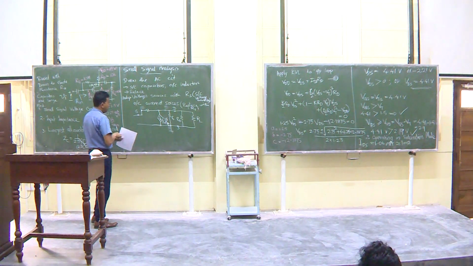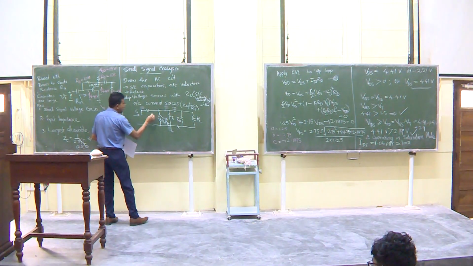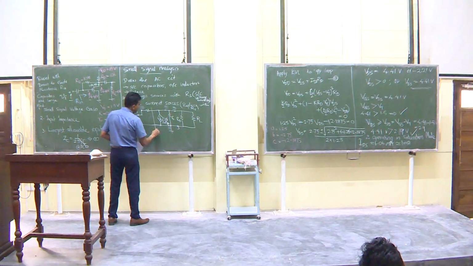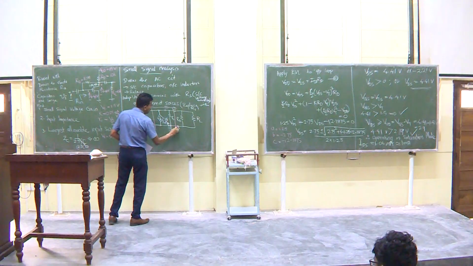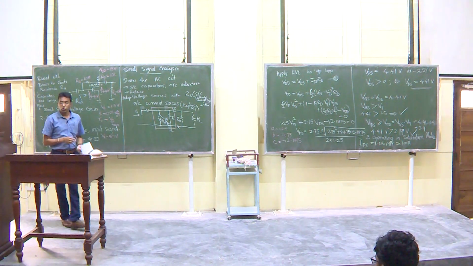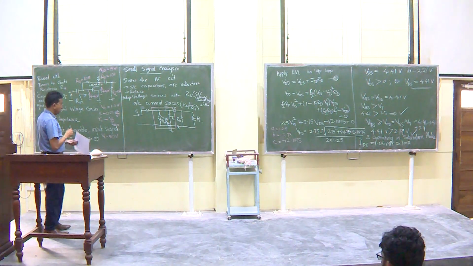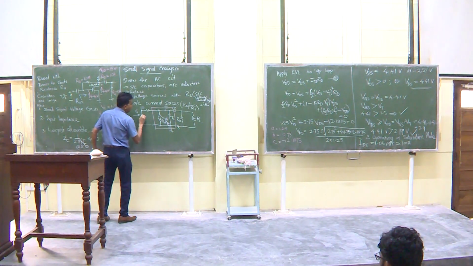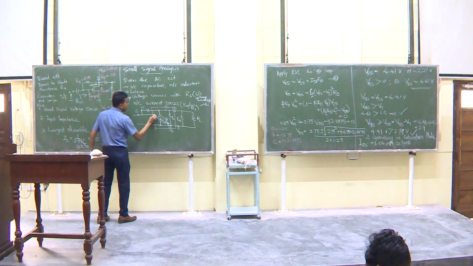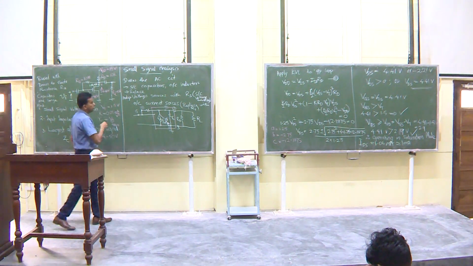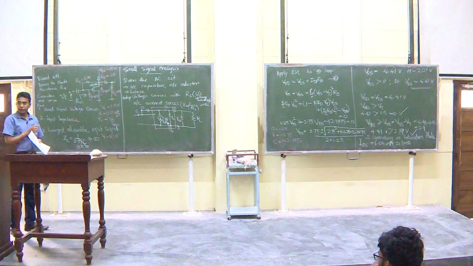So my circuit is, this is my MOSFET. This is the gate. Correct?